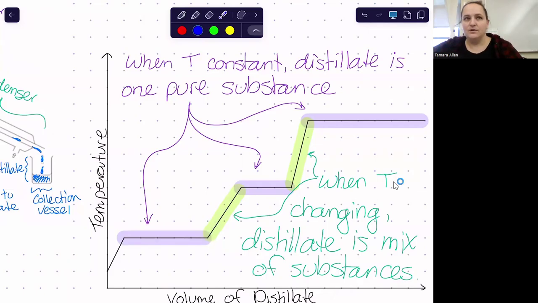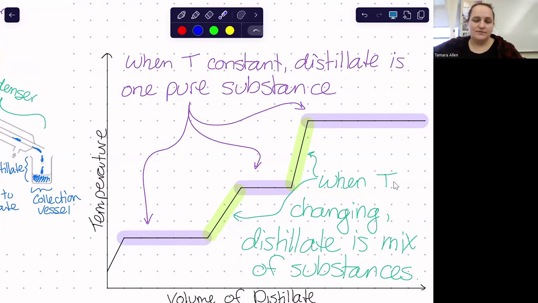As you get better at distillations, these sloped parts get steeper. If you are either using less than great equipment or haven't done many distillations, you're more likely to see a gradual slope here and you have a larger volume of stuff that is still mixed, which is not usually useful to us. Our goal is to end up with separate pure substances that we can then use for other things.